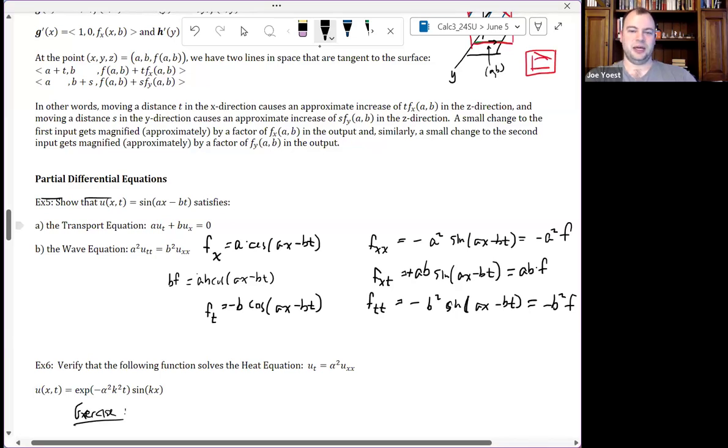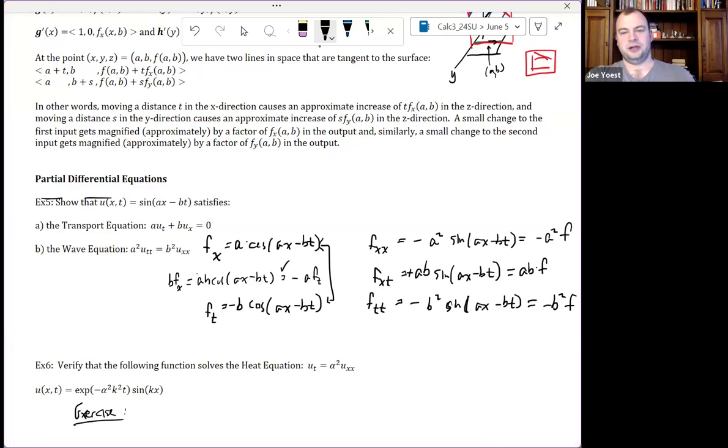Is that equal to negative a f_t? Well, a f_t is going to be negative ab cos of stuff, so that is indeed equal to negative a partial f with respect to t. So we see just looking at these two, that is true.